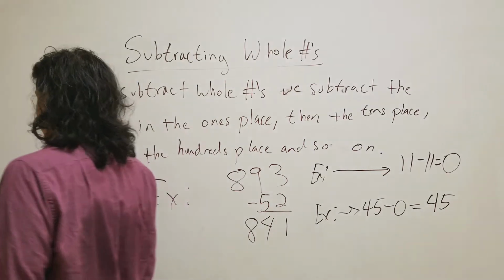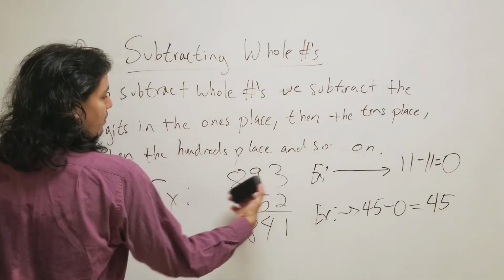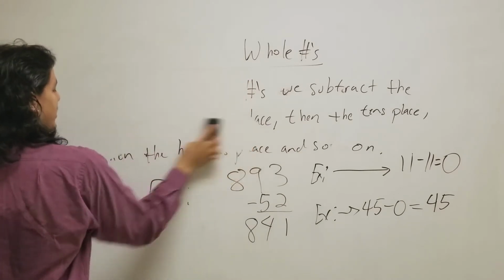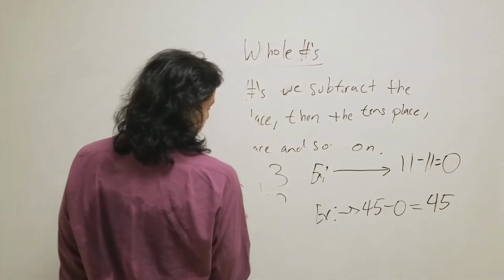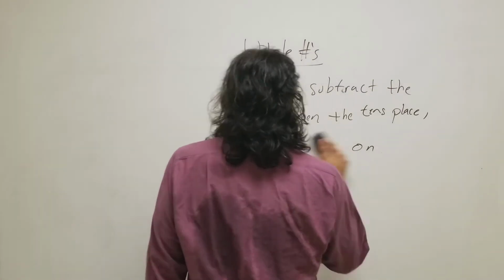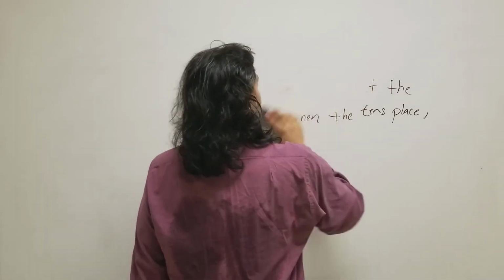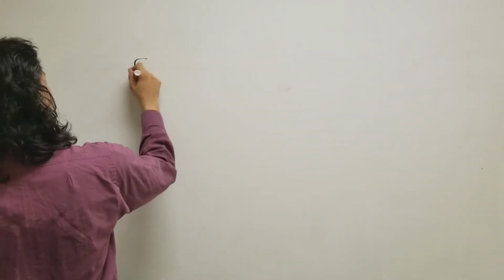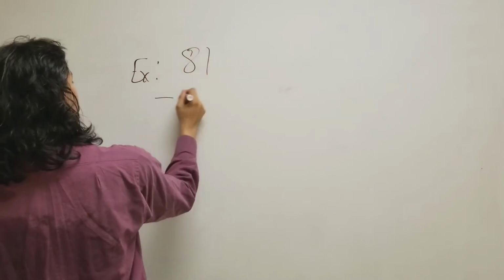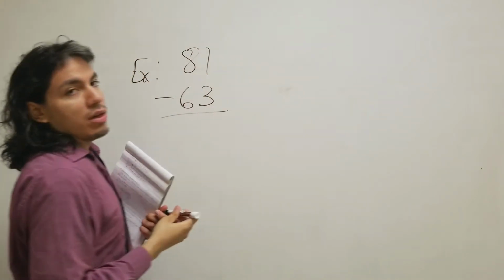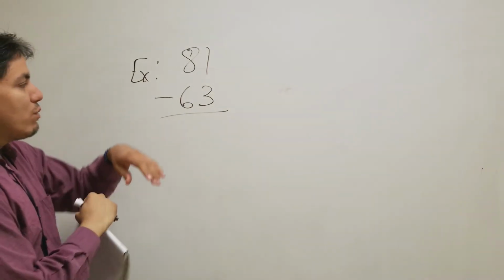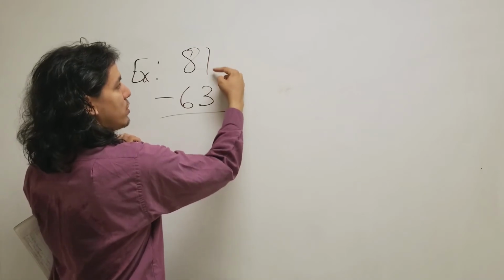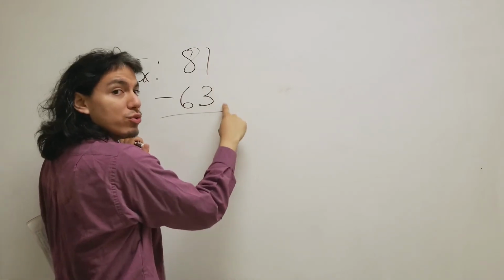Now, what happens in a situation where the top numbers are smaller than the bottom numbers? So let's see what that looks like. Let's say this example states 81 minus 63, right? Remember how in addition, if this was 9 and this is 3, 9 plus 3 would be 12.